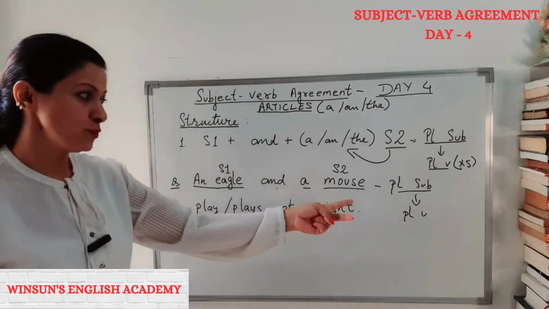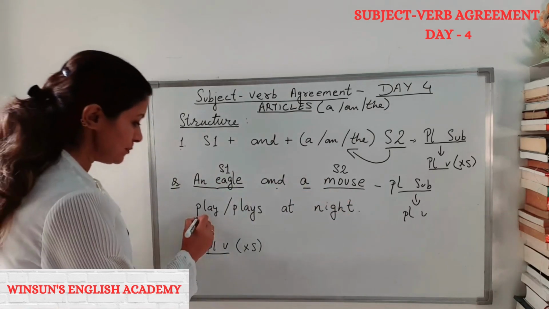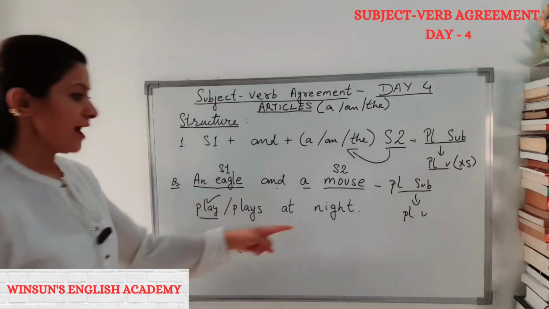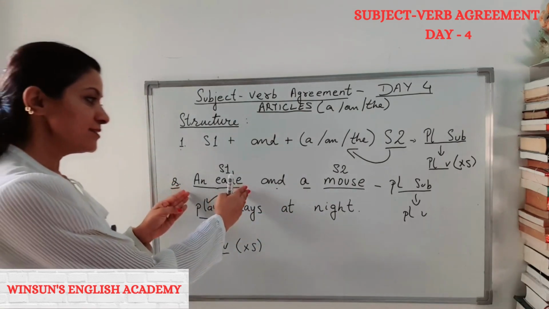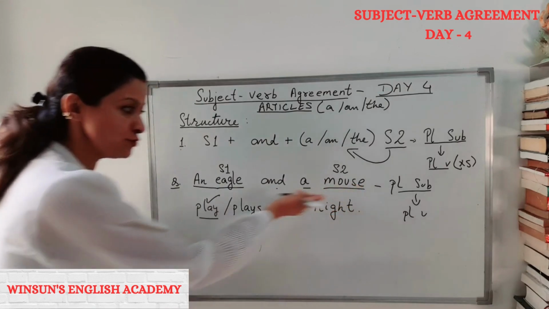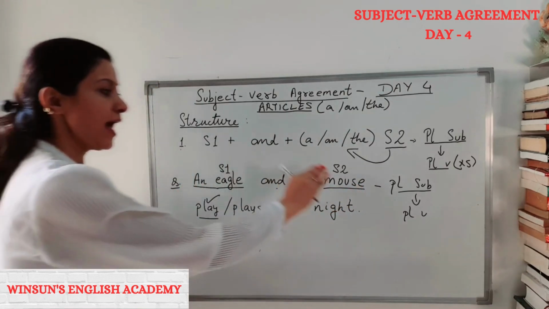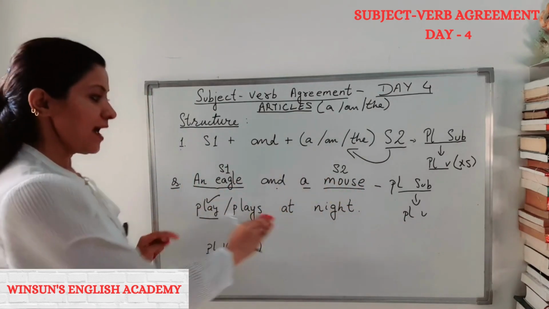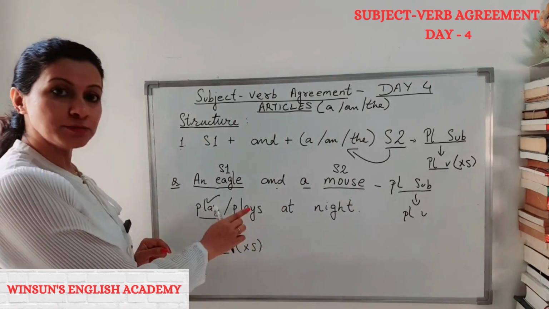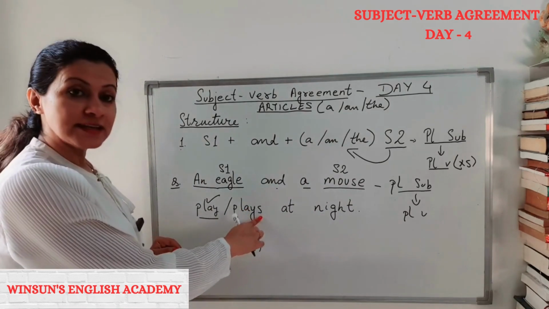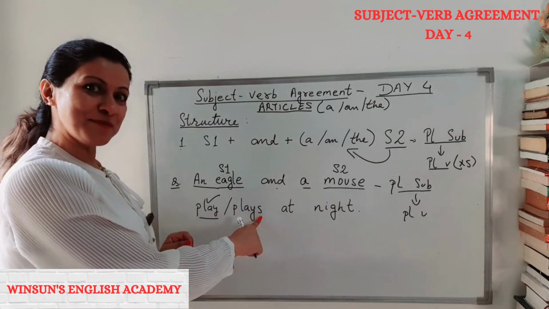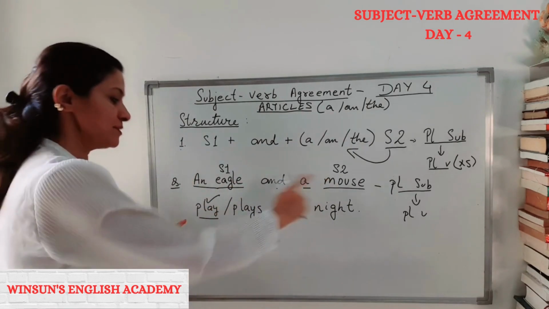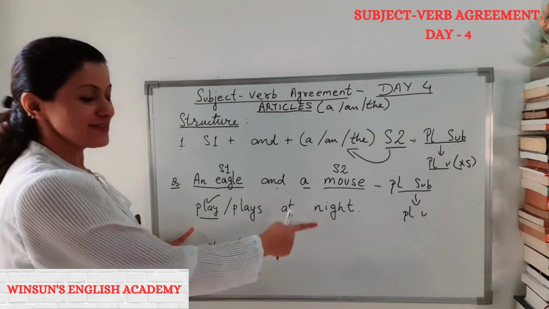Two subjects, plural. Perfect. Play at night. So, an eagle and a mouse, two subjects. An eagle and a mouse play at night, not plays. Why? Because plays with an S is singular. The power of S, remember that? So, an eagle and a mouse play at night.